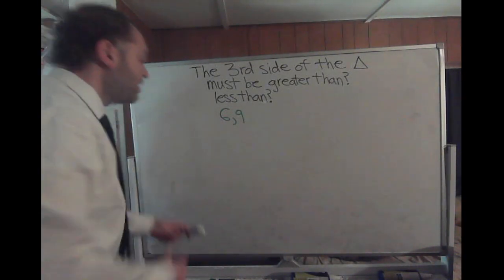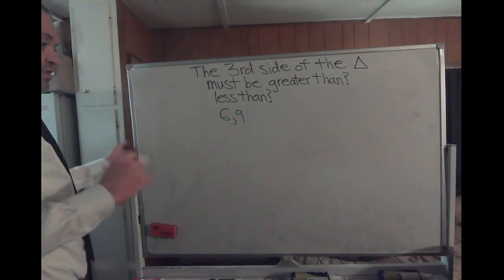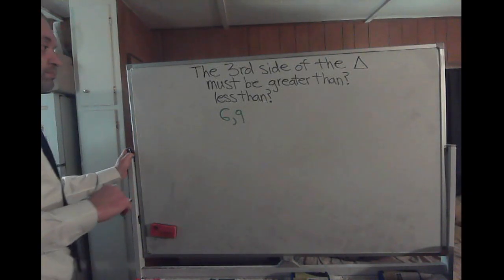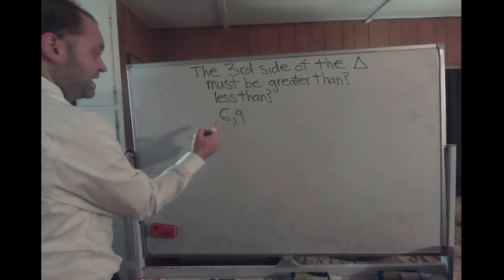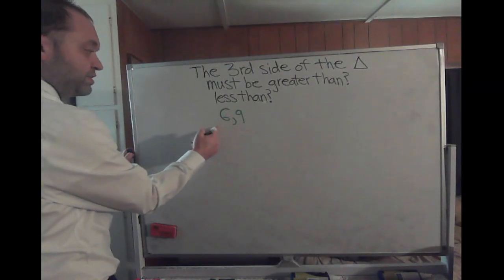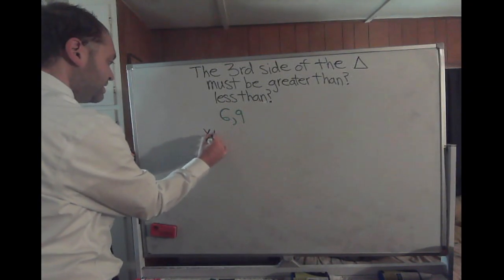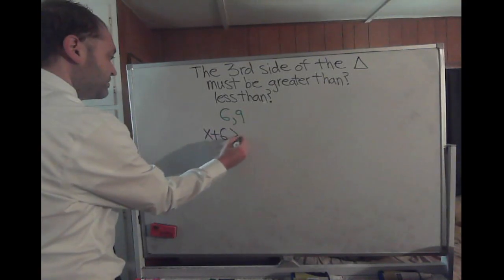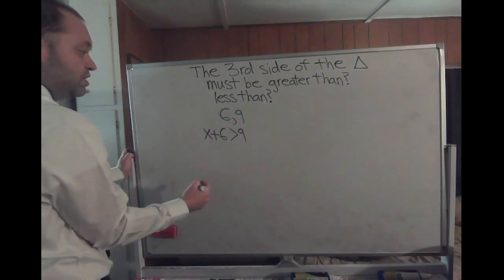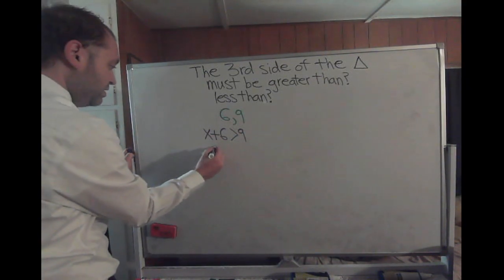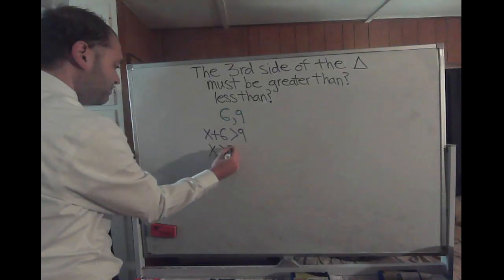Well, first thing you're going to do is let x equal the third side, right? x plus 6, set that greater than 9, which we know to solve that inequality, x would have to be greater than 3.